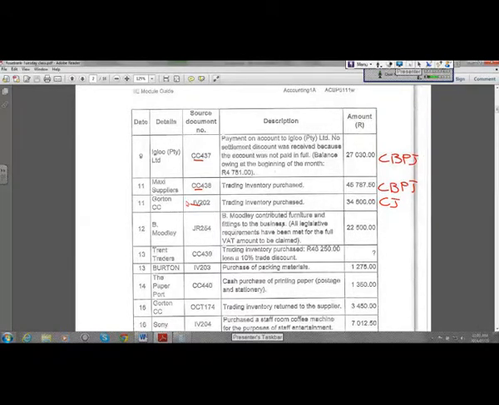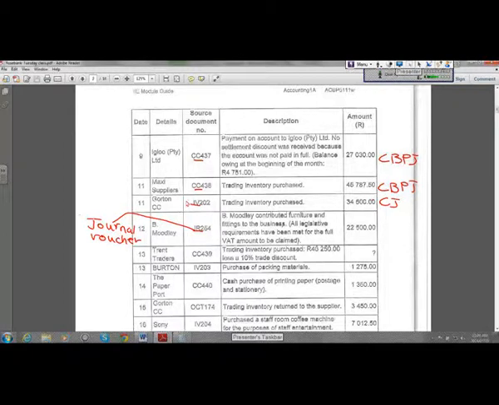Let's start with this JR. JR is already trying to tell you where this is going to go, because JR is journal voucher. What this means is that this transaction will go to a general journal.